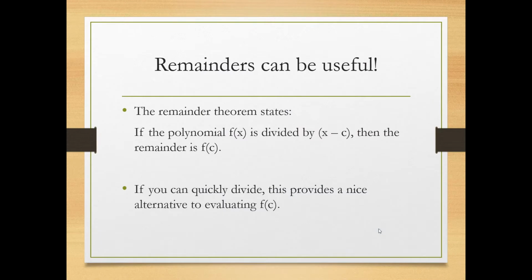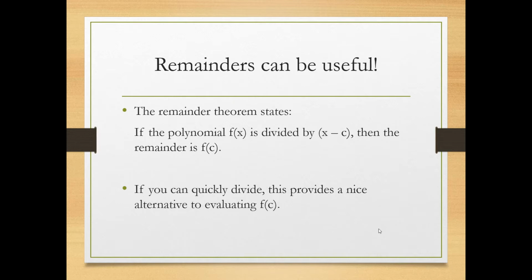All right, so just so you have an actual definition of the remainder theorem. The remainder theorem states that if the polynomial is divided by x minus c, then the remainder is f of c. I'll show you what that means, but that's the formal definition. It says if you can quickly divide, this provides a nice alternative to evaluating f of c.